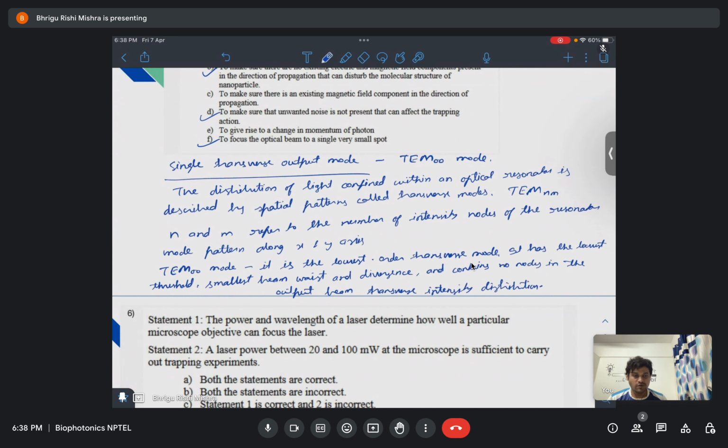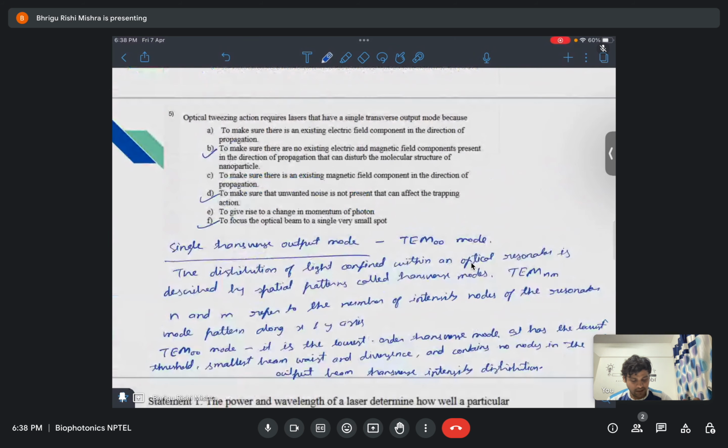Okay, so this TM00 mode, it has the smallest beam width, smallest divergence, lowest threshold.